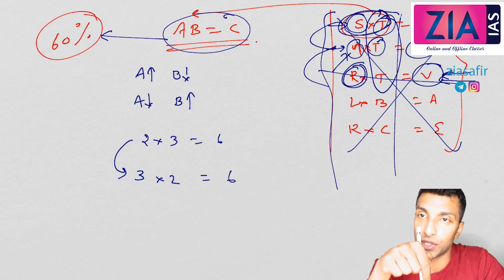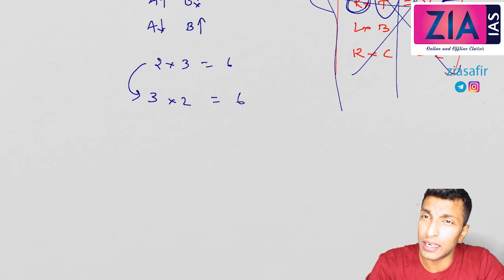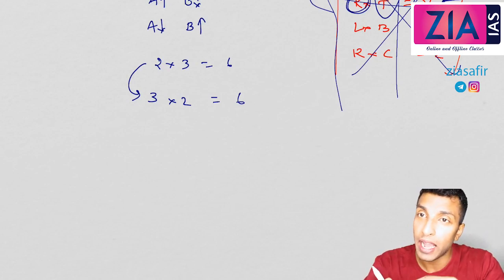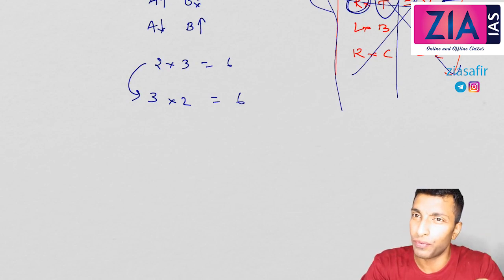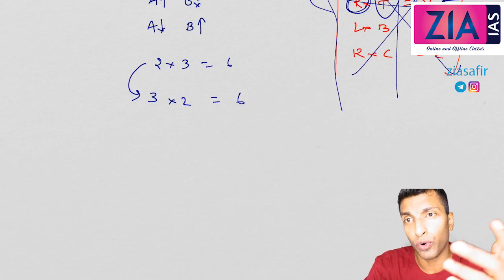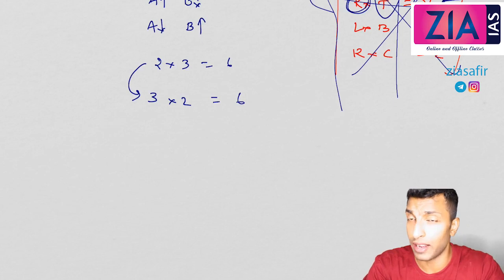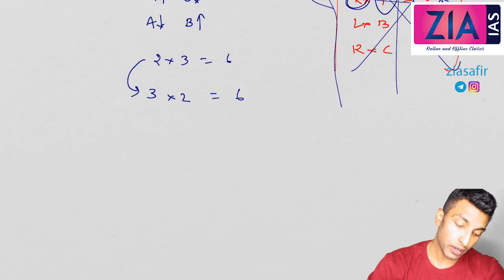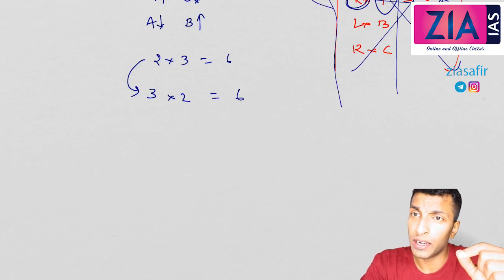Okay, so A I have increased from 2 to 3, and what happened with B? B actually decreased from 3 to 2. So from here you can understand how much increase in A will lead to how much decrease in B, and we will generalize it, and this is enough. With this example you can generalize it whatever you want. If you want, you can take 3 and 4, you can take 6 and 7, 7 and 8, or any numbers you can take, and you can check it, okay? So here 2 to 3, what is the increase?